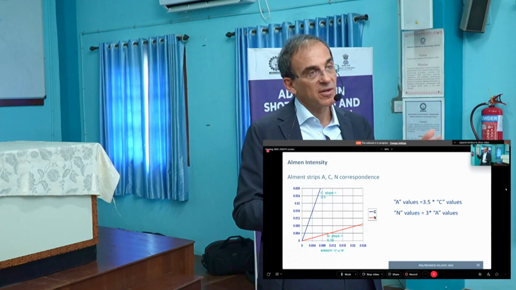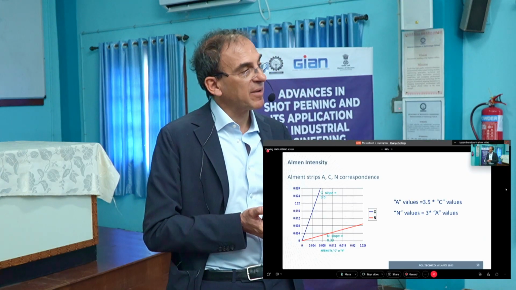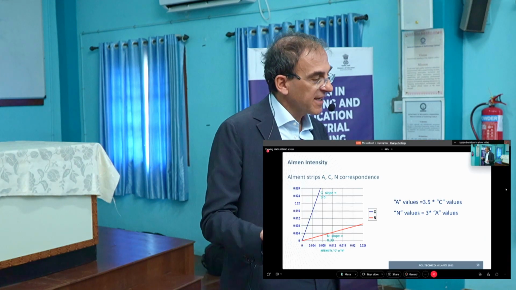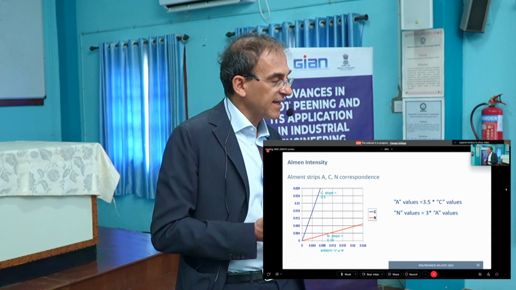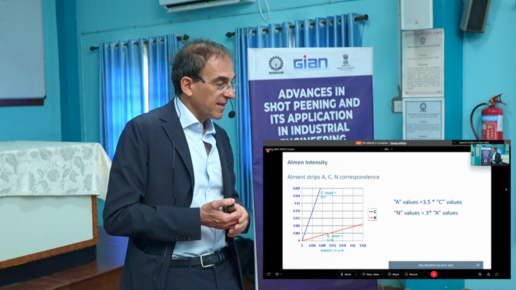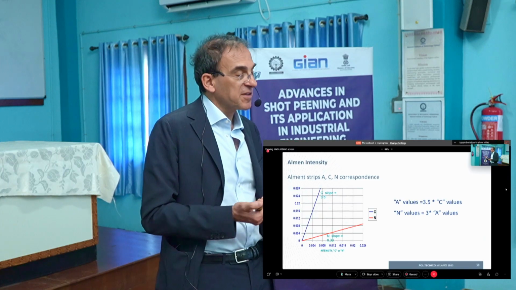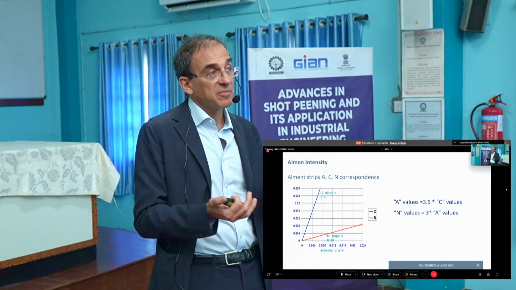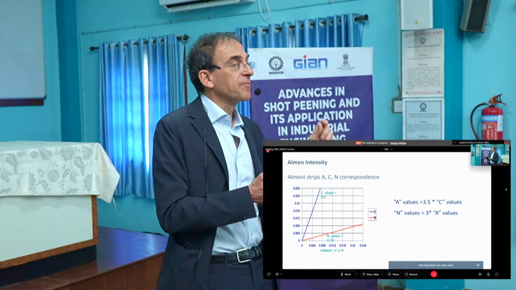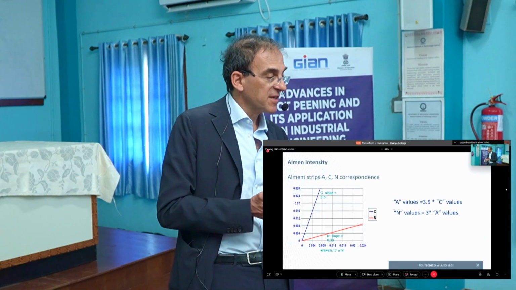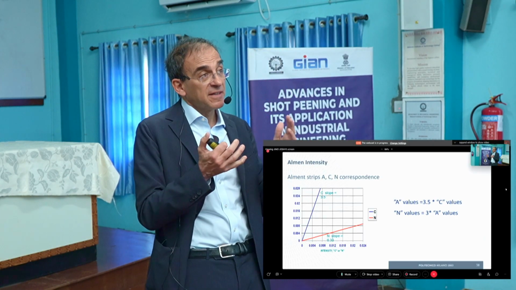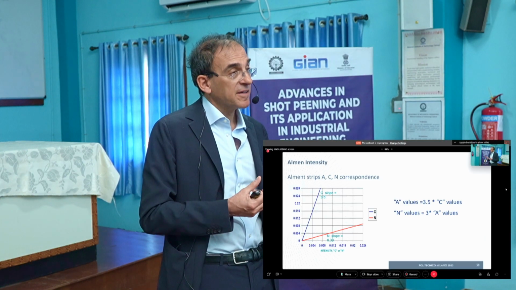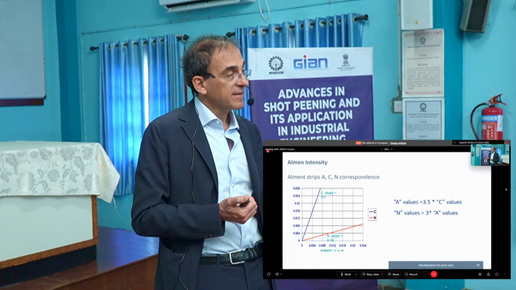And the same concept can be applied to this relation. So C, A, and N are not independent, they can be related. And when are we using this relation? If we are used to considering the A strip as reference, but due to the particular case we must choose C or N, this gives us an idea of how severe or how light the peening we are doing is.